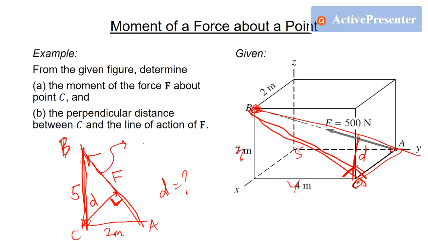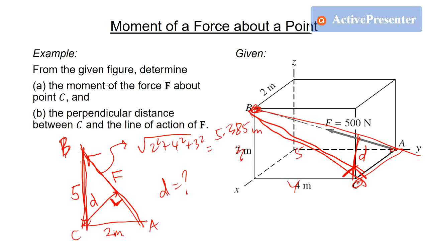This distance right here is the square root of 2 squared plus 4 squared plus 3 squared. That is 5.385.